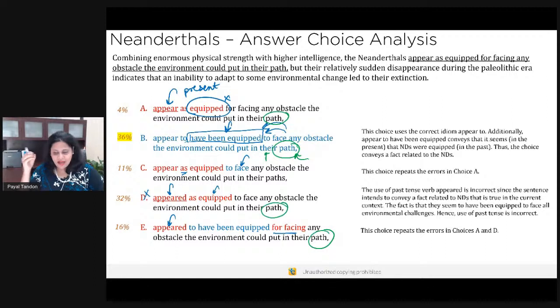Okay, and again, idioms should not be the first way to reject answer choices. That's always been my thing. You need to rely on meaning, and that is what I'm saying. That over here, the main rationale, the main hinge on which I'm solving this question is my logic of whether appear is correct or whether appeared is correct, and that's from my meaning analysis, and the usage of this verb tense, which again leads to how this verb tense communicates the meaning.